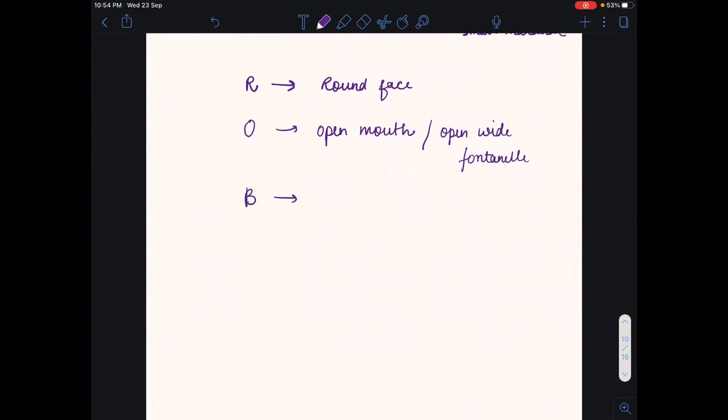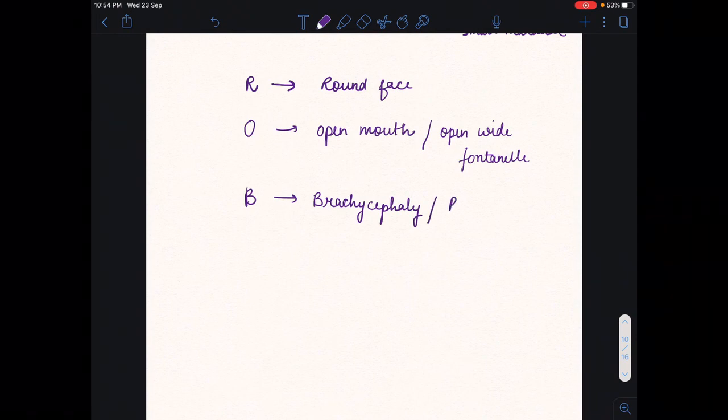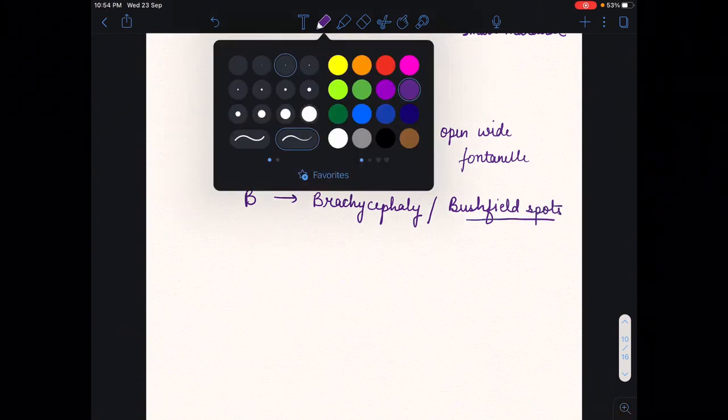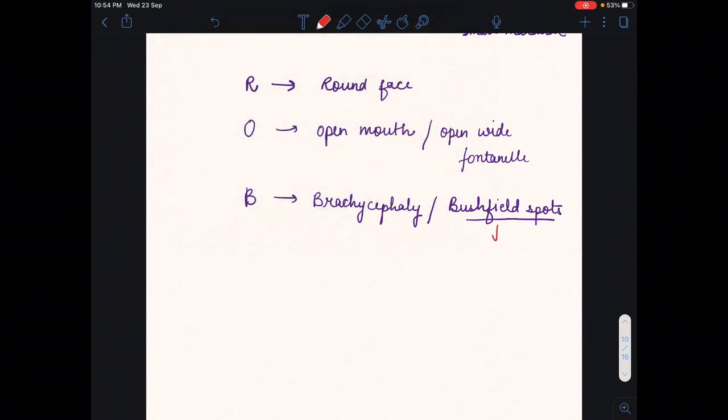B for brachycephaly, or Brushfield spots. Brushfield spots means there are white dots in the iris.